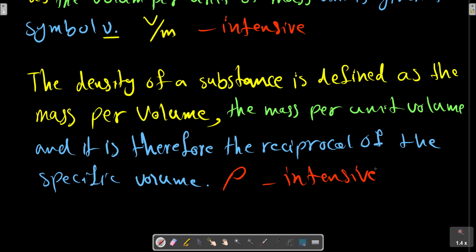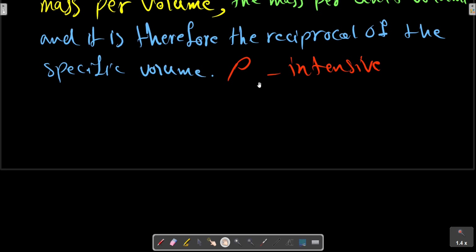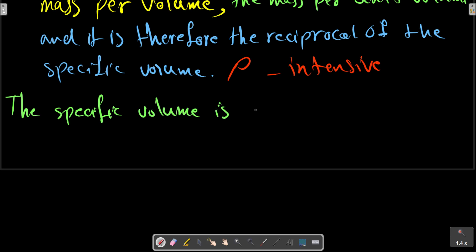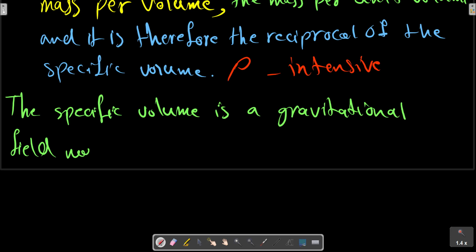The specific volume of a system in a gravitational field may vary from point to point.